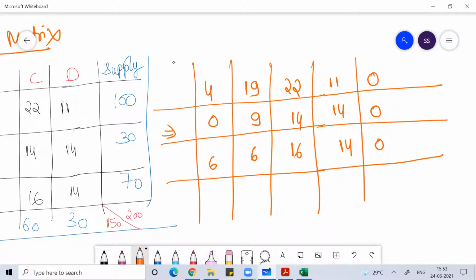The only purpose is to make the total sum of supply equal to the total sum of demand. That is the reason I added it.